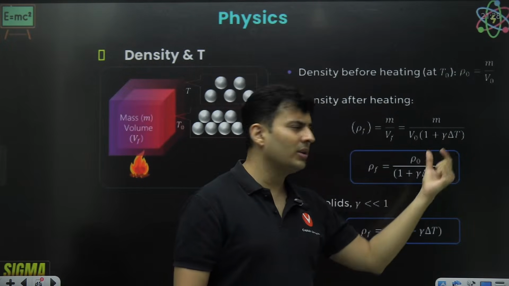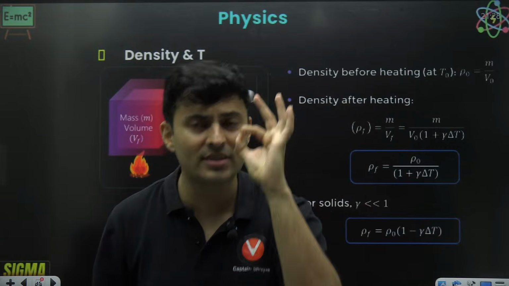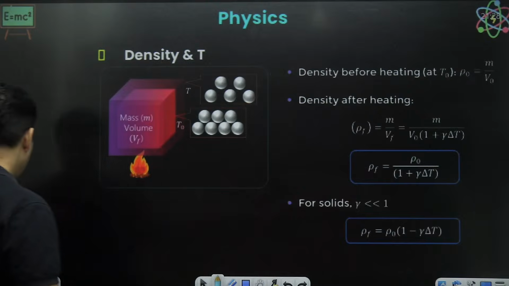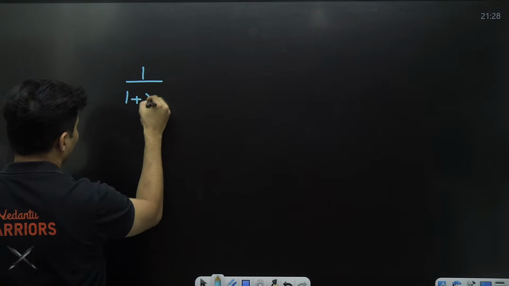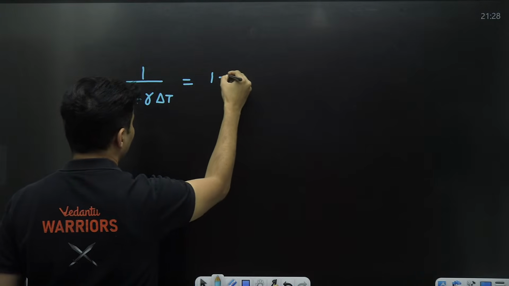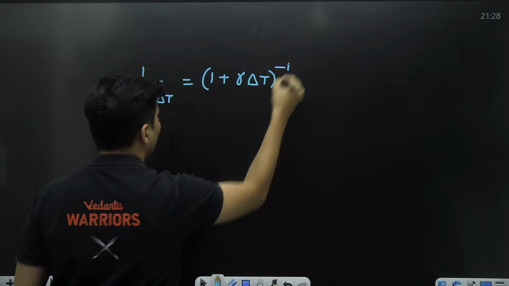So when you take this on the top, you can actually use binomial approximation. For example, if I have 1 upon 1 plus gamma delta t, I can easily write it as 1 plus gamma delta t, the whole thing raised to -1.